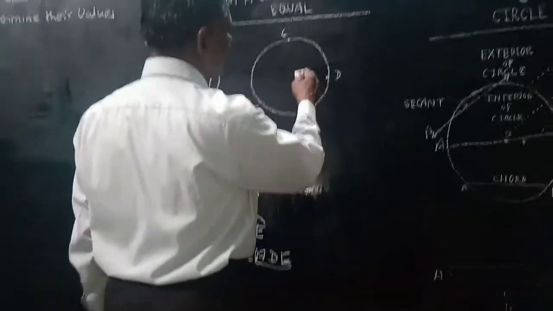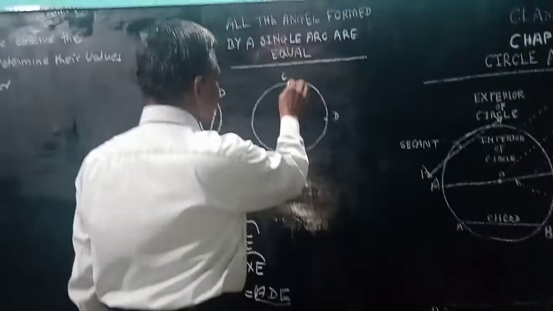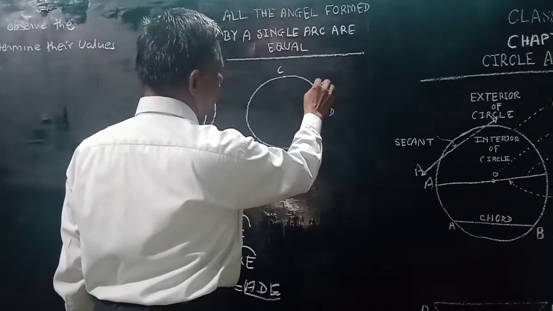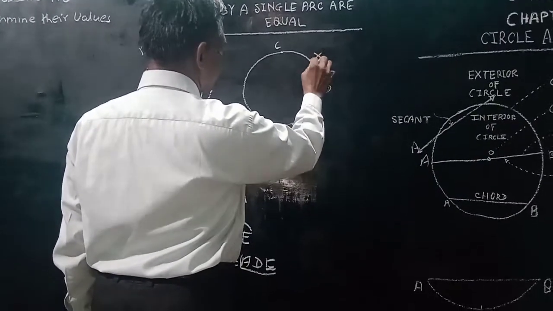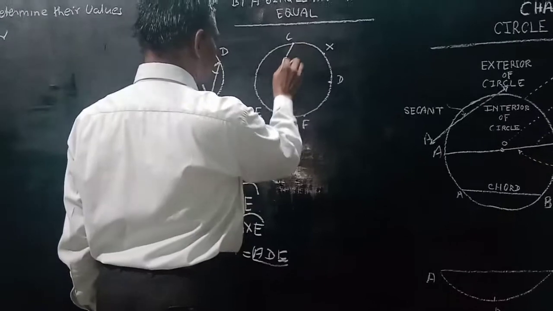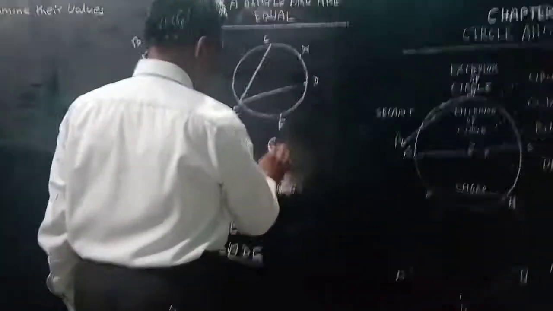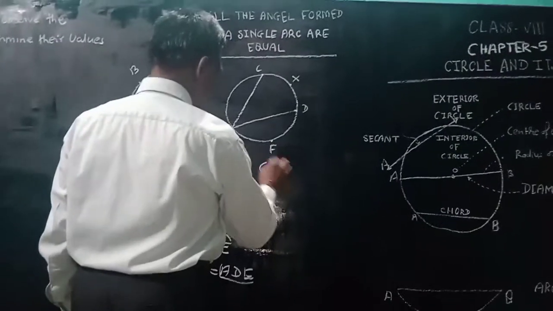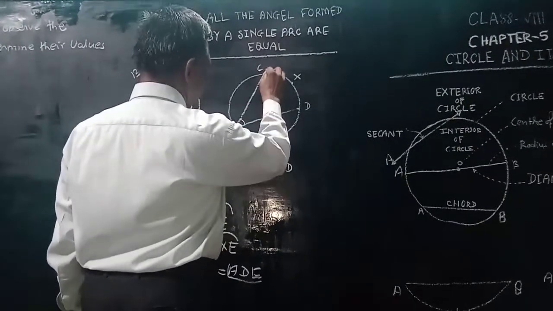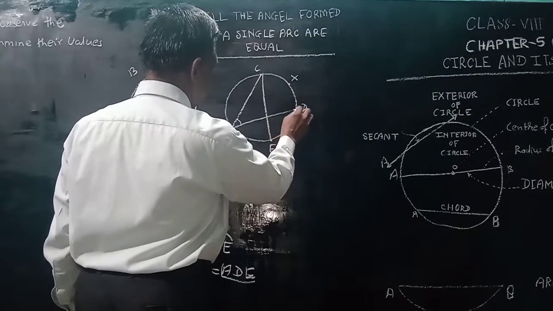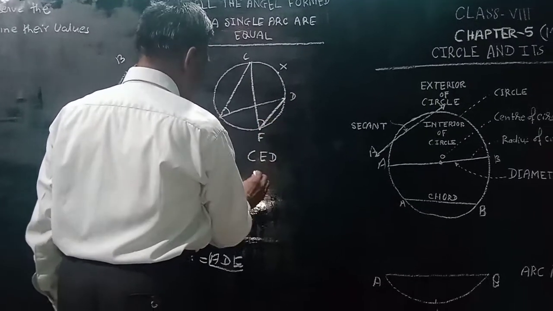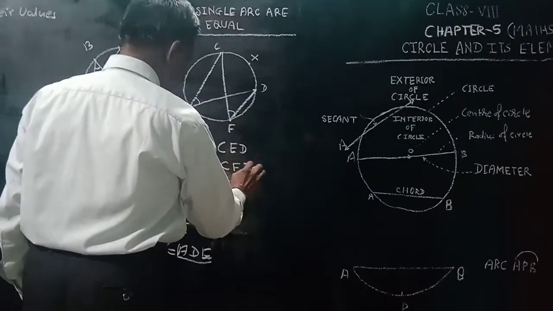Similarly, this is another circle having C and D considered as an arc. So this is arc CXD. The angle subtended by it at E is angle CED. And another angle subtended by the arc CD at F is angle CFD.